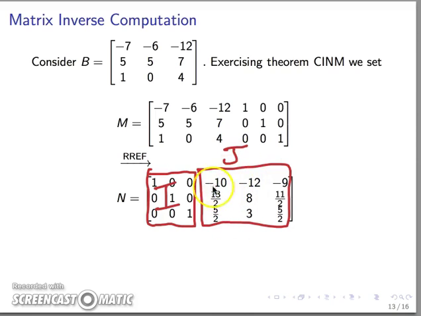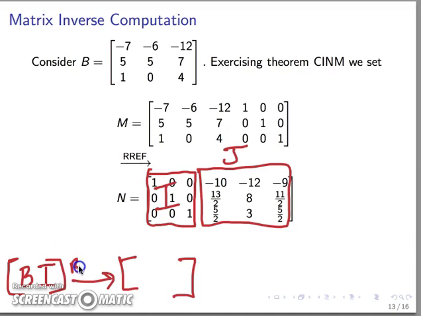So what we're finding is that B augmented with I forms an original rectangle. This is what we're calling M, and that row reduces, this is the RREF, to something that looks like I augmented with J. It row reduces to another rectangular matrix.